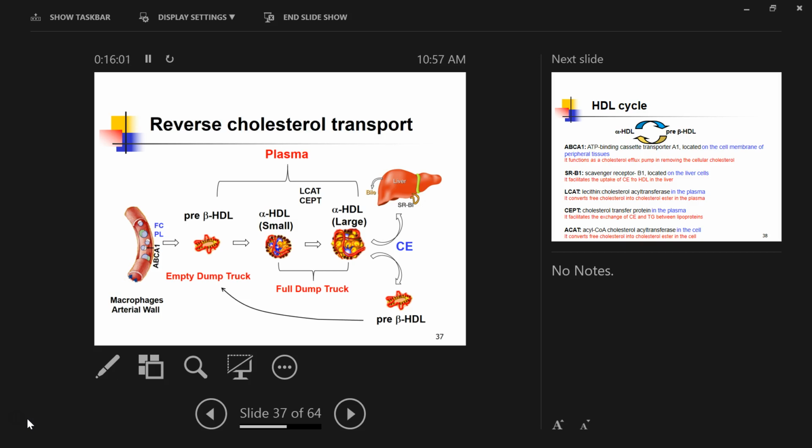So that's why we consider HDL good cholesterol. It's very important. We need to have a higher HDL level in the circulation. If for some reason some people have a lower HDL, then most likely they have a high risk for the development of atherosclerosis.